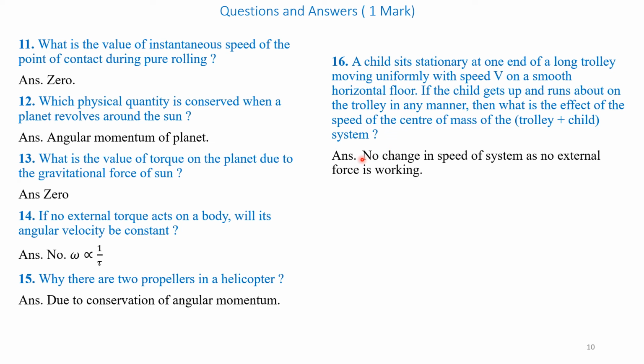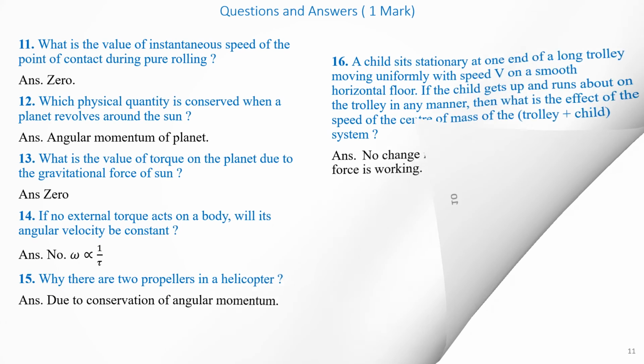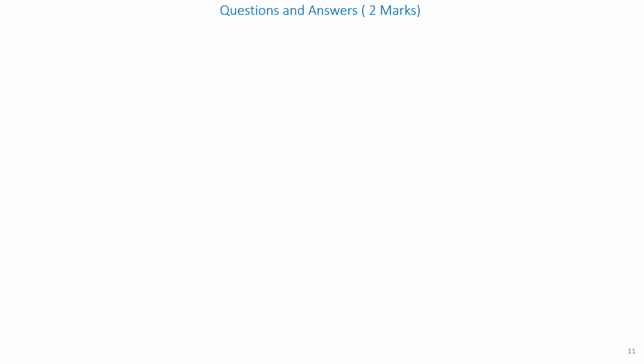Answer: there won't be any change in the speed of the system as no external force is acting. Next we will take up model questions and answers of 2 marks.